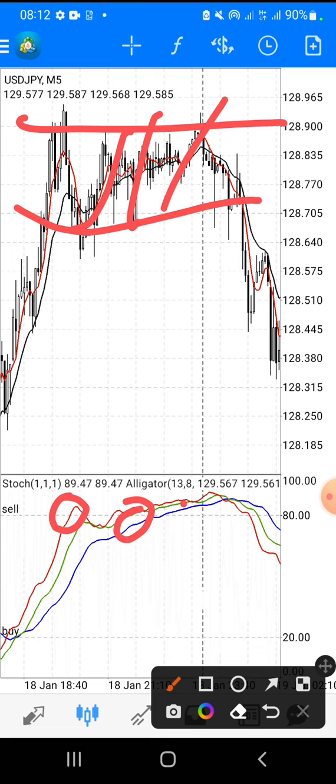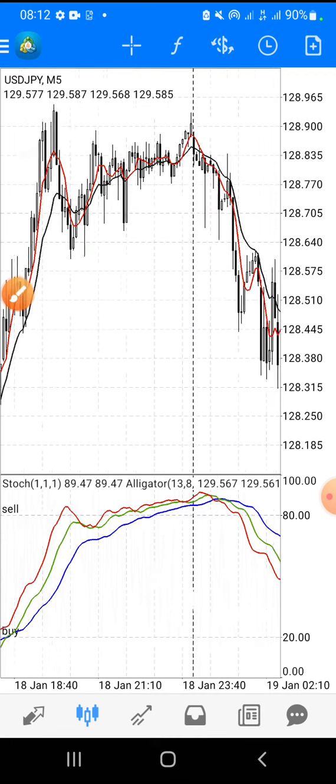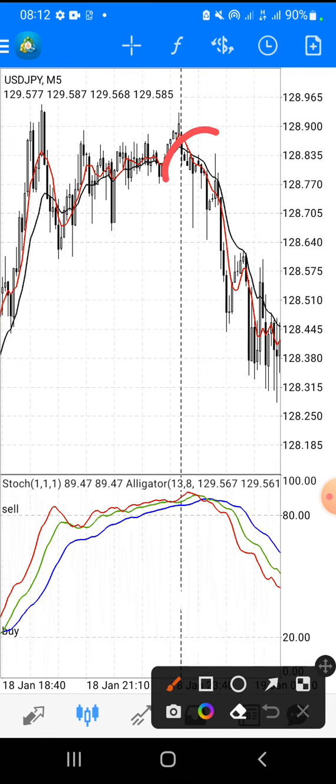If you don't find it, we're going to wait for the blue line, the final one, to reach our 80. And once the blue line reaches our 80, we then need to go back to our chart and look for this crossing of the red line going below our black line, which we said is a sell condition. I hope you guys understood that part.